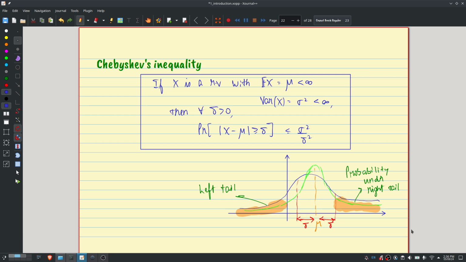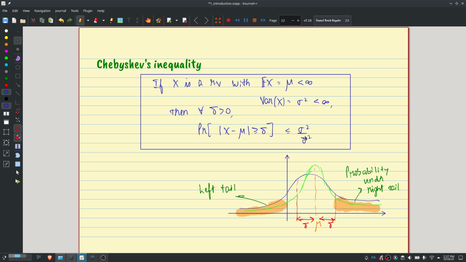The first one that we saw was Chebyshev's inequality, which says that if x is a random variable with finite mean mu and finite variance sigma square, then the probability that x minus mu deviates by an amount of delta is upper bounded by sigma square by delta square.